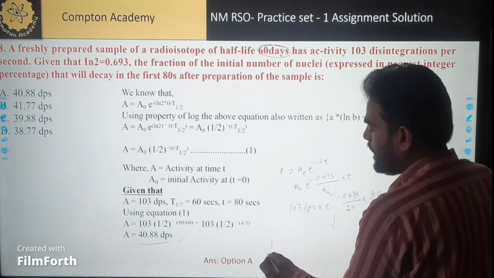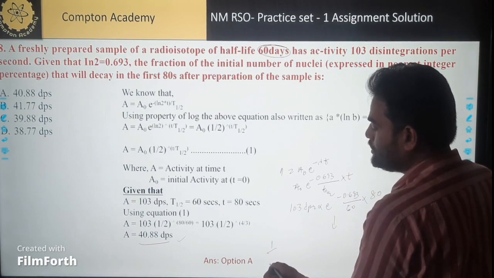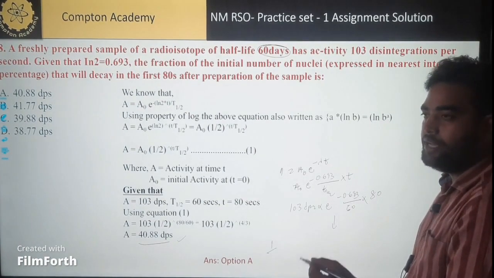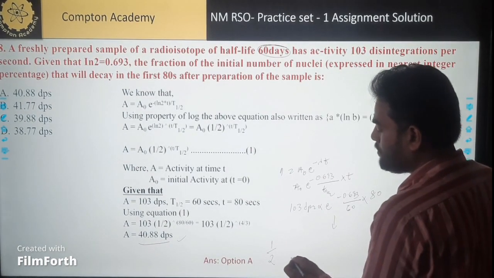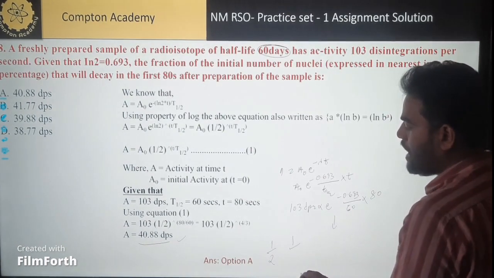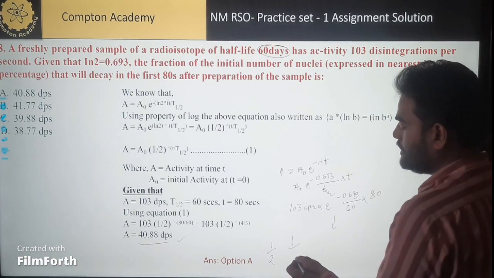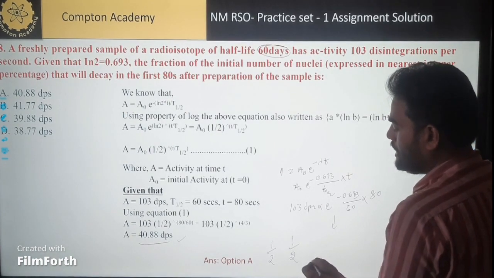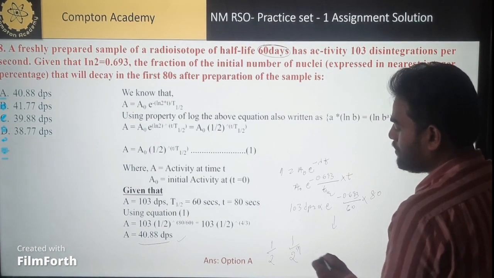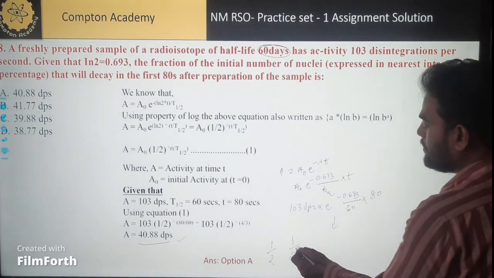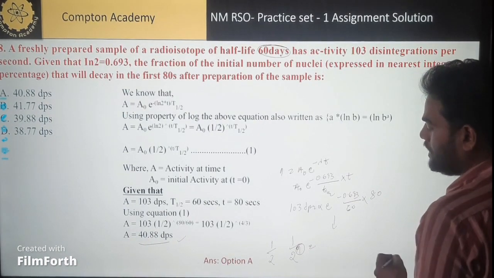Each half-life will reduce the activity of the radionuclide by 1 by 2. Suppose n number of half-lives passed, then the activity of the radionuclide will be reduced by 2 raised to power n. So n is the number of half-lives here.